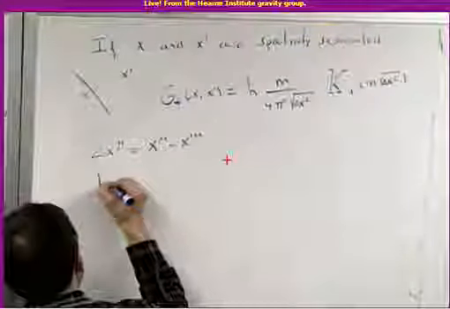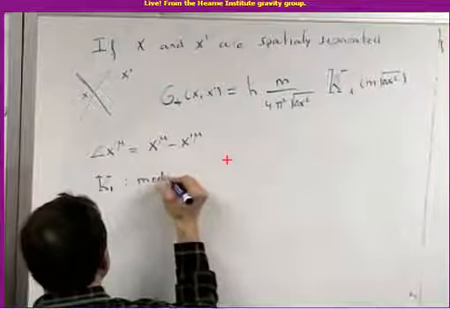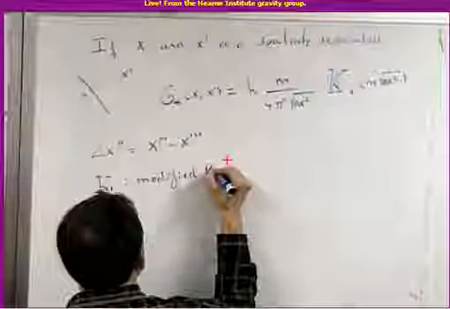And K1 is one of these modified Bessel functions.